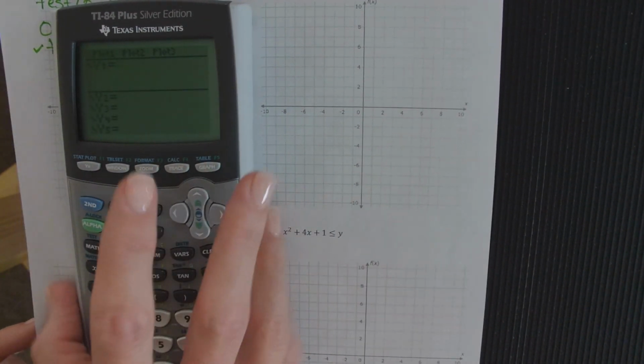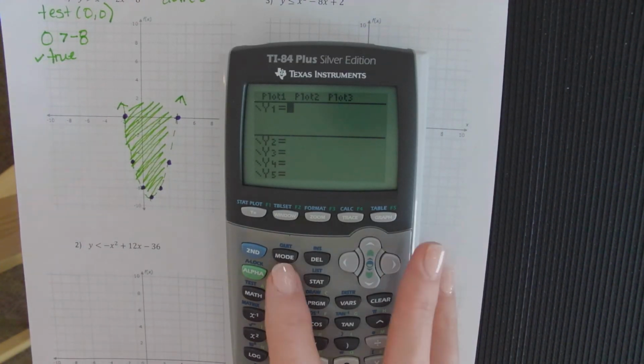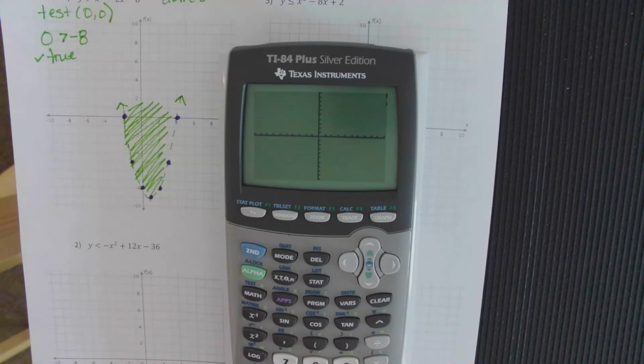Clear your y equals. So you have x squared minus 8x plus 2. Hit graph. There you go.